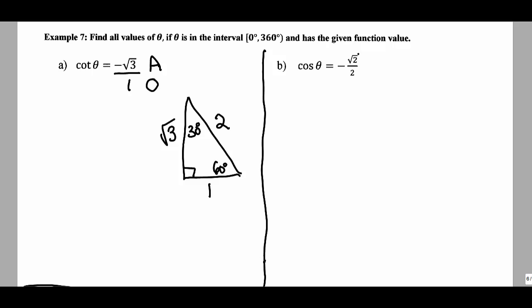So according to our definition, the adjacent side for this angle has to be the square root of 3, and the opposite side has to be 1. So we want to know what angle we are actually referring to that has an adjacent side of the square root of 3 and an opposite side of 1. So we're talking about 30 degrees. This is going to serve as the reference angle.